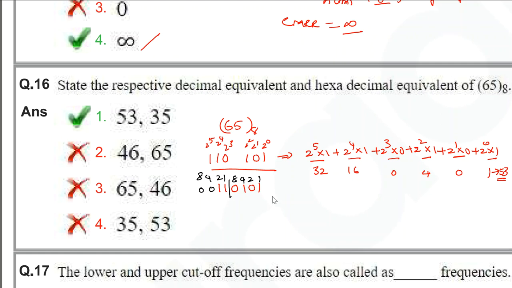Hexadecimal means it will be 1 0, and adding the values, 4 plus 1 is 5, so 5, and here we have 3, so 35. So the hexadecimal value is 35. So 53 and 35 will be the answer. The answer is option A, the right answer.